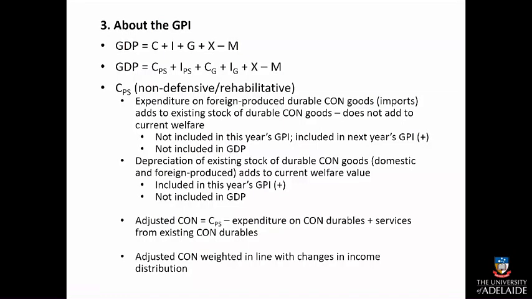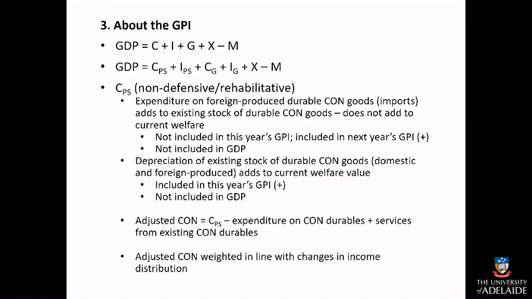So if the value of the stock of consumer durables for Australia at the beginning of the year is, say, $100 billion, and we assume that the stock is wearing out at the rate of 10% per year, then that would be 100 billion times 10%, which is 10 billion. So you get $10 billion of services which would be included in the GPI. Okay? But any current expenditure on consumer durables would not.